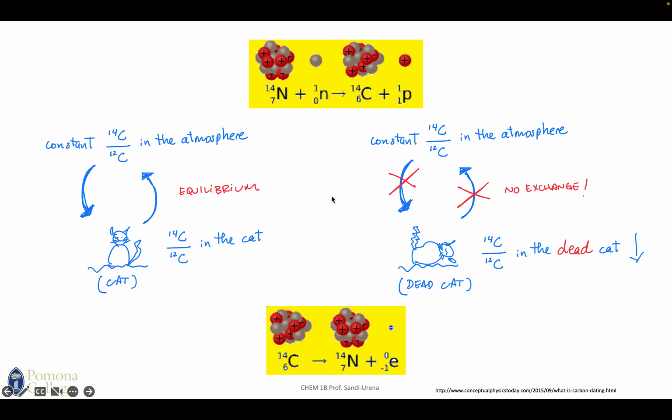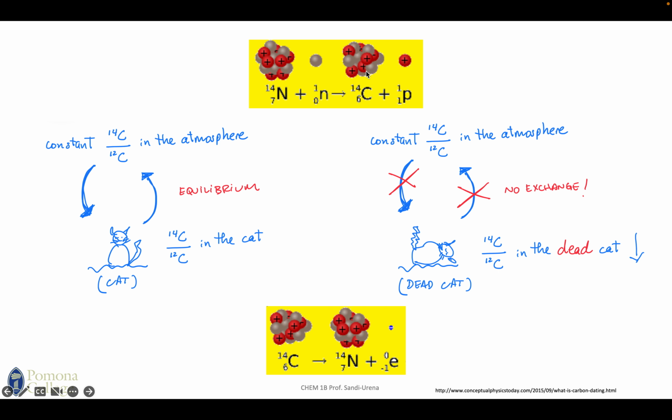Okay, a little bit more of nuclear chemistry here. The reason why the carbon-14, carbon-12 ratio in the atmosphere or in the environment is constant is because the higher layers of the atmosphere, I think it's called the troposphere, is bombarded with cosmic rays, and neutrons react with nitrogen-14 and create the carbon-14.